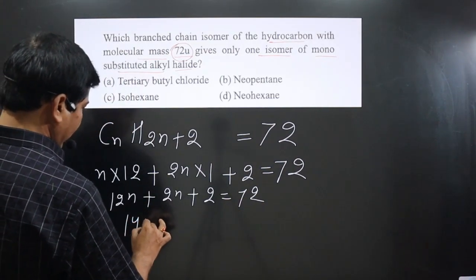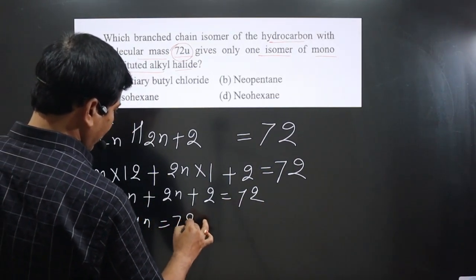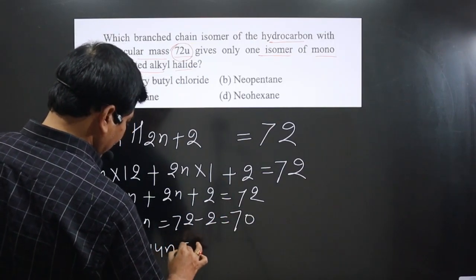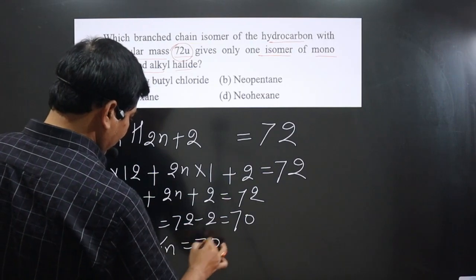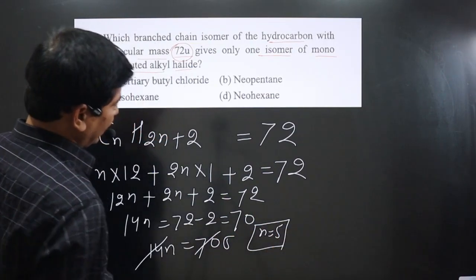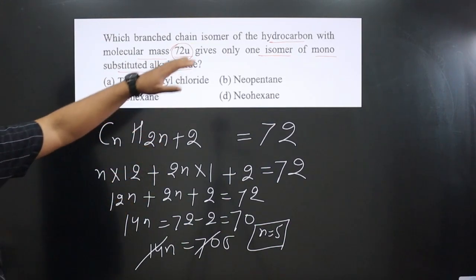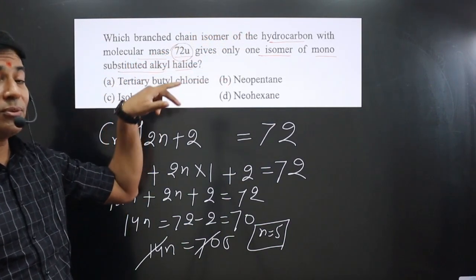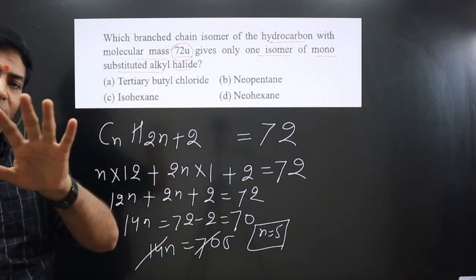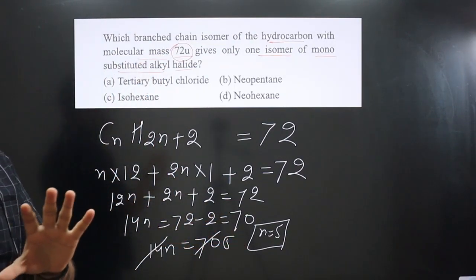We have 14n equals 72 minus 2, which is 70. Then 14n equals 70, so n is equal to 5. Very interesting. The hydrocarbon which has molecular mass 72 unit mass has 5 carbons present. From here it is very clear.